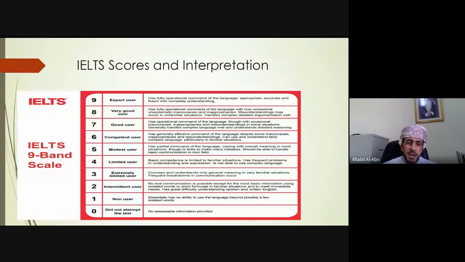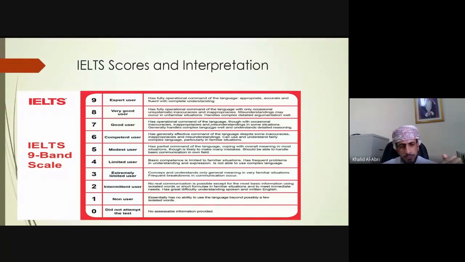Some of the students are able to get 7. If they get 7, this is their language proficiency level description. However, here I'm talking about the total, the overall band.